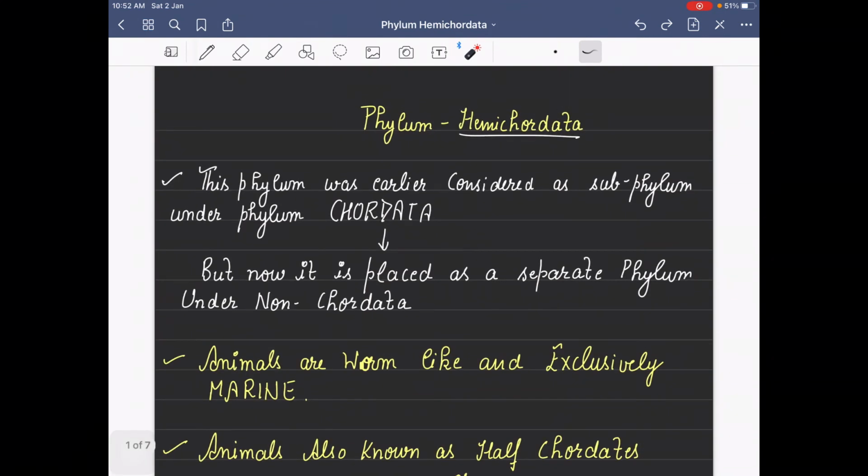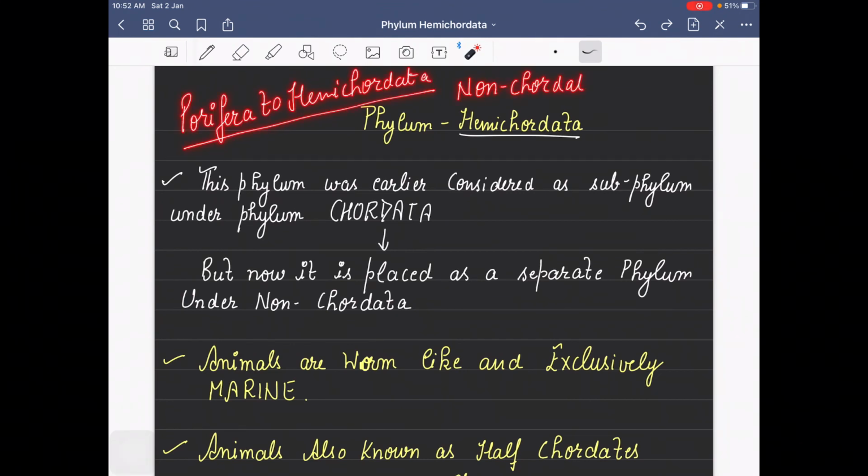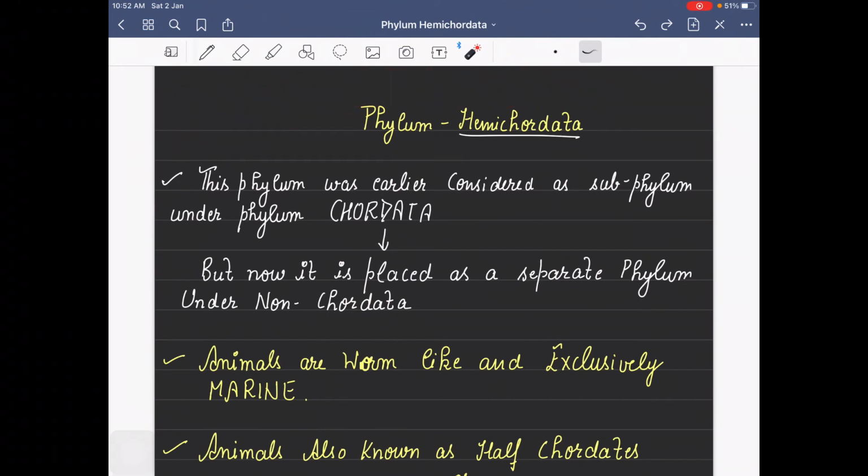So from Porifera to Hemichordata, they all are non-chordates. You need to understand this, because sometimes even in your subjective examination a question is asked: what is the difference between non-chordates and chordates?